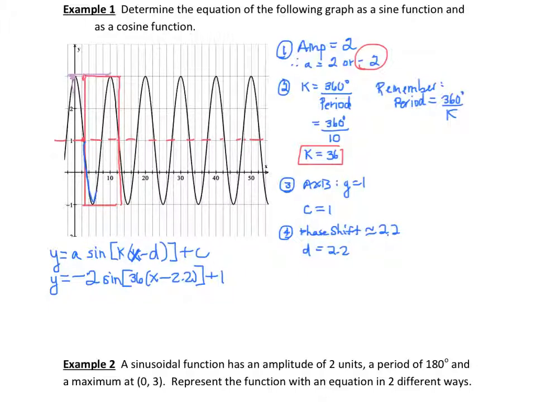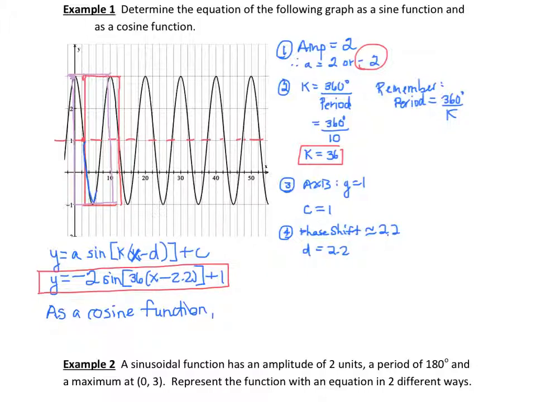If I look at this as a cosine function, my first wave would be right here. Okay, so first of all, let's say here's part of our answer. That's as a sine function. Now, as a cosine function, there is no phase shift.